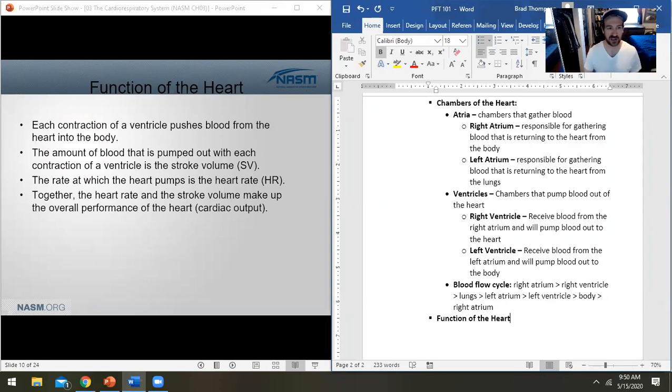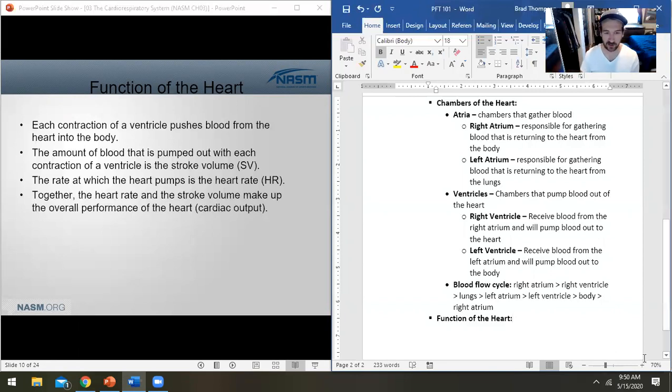So each contraction is going to push blood to the body. The amount of blood that's pumped is your cardiac output. That's the overall volume of blood being pumped per minute, and it's made up of heart rate and stroke volume. Volume of blood times number of beats per minute equals cardiac output.